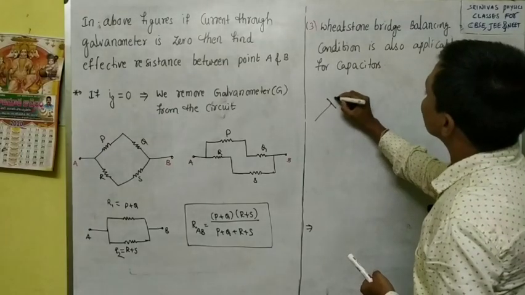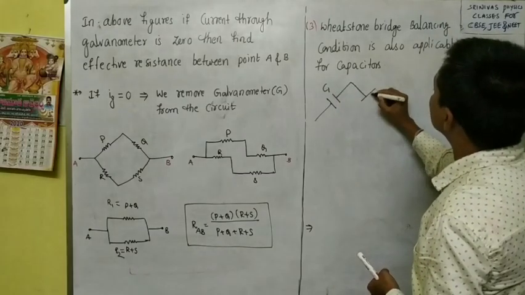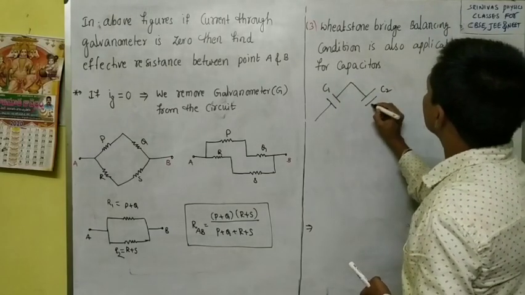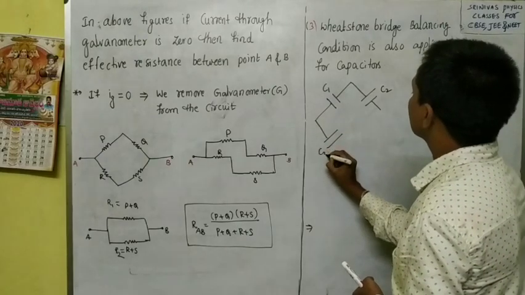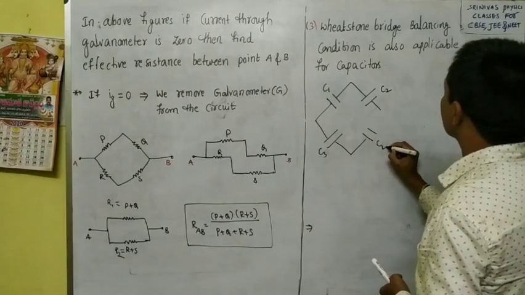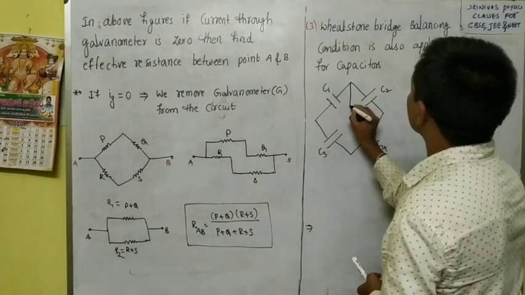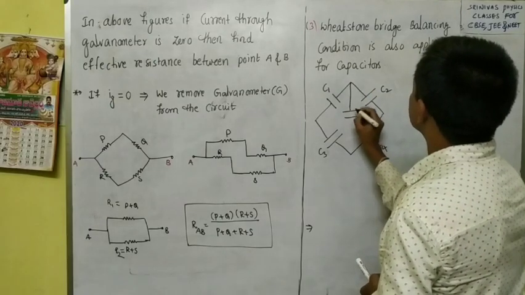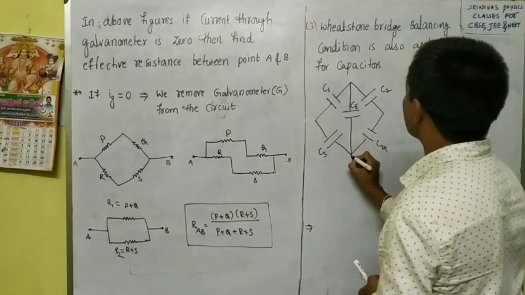And here I will take one capacitance C1, next C2, next C3, next C4, and here one more capacitor I will take, that is C5, right?